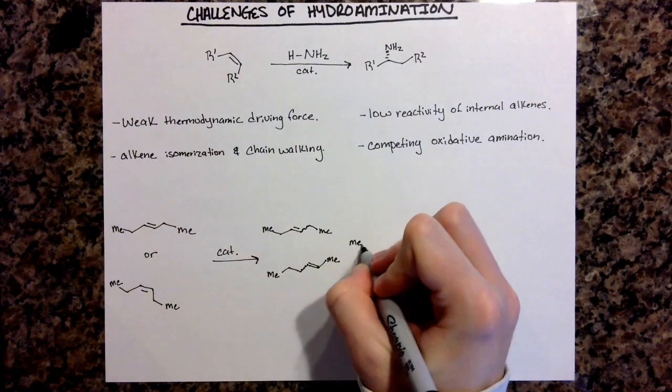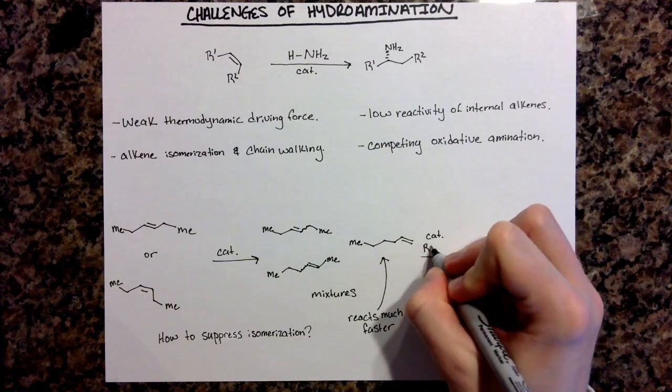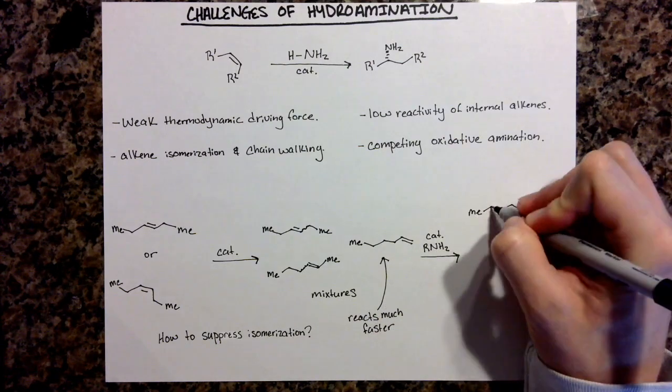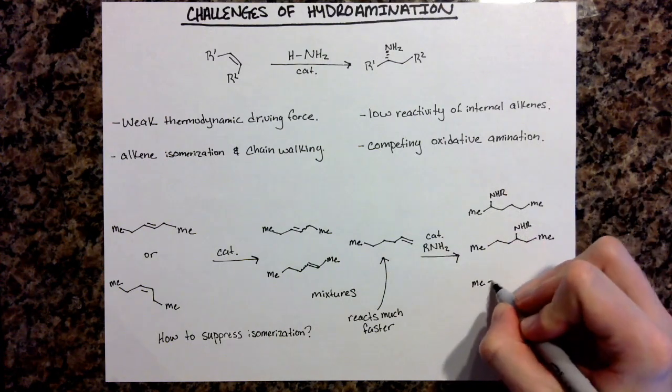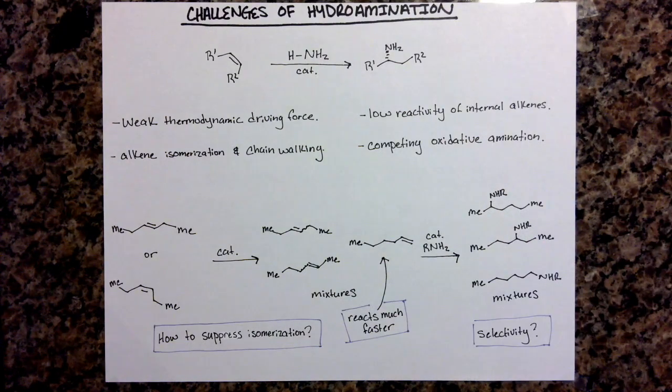So like we were mentioning before, a lot of the previously reported hydroamination reactions have focused on substrates like styrenes or terminal alkenes, where the selectivity is more predictable. But the Hartwig group wants to look at internal alkenes where regioselectivity is much harder.